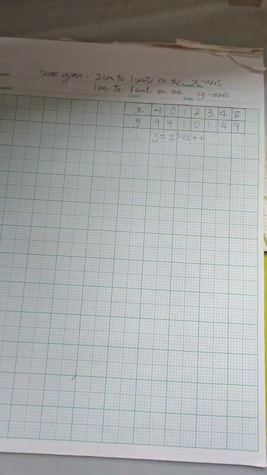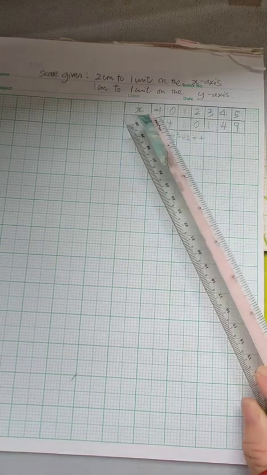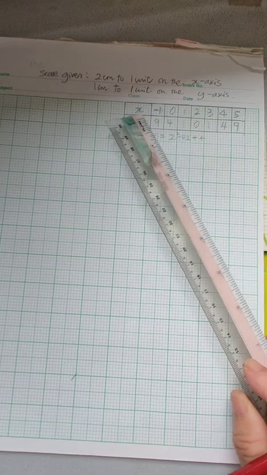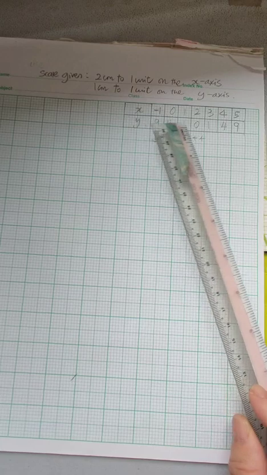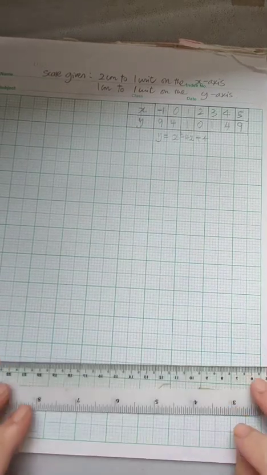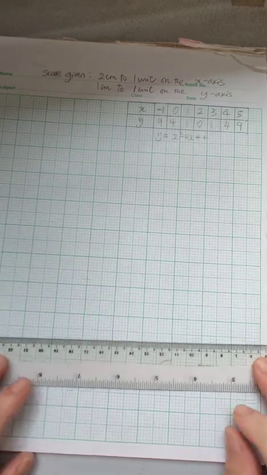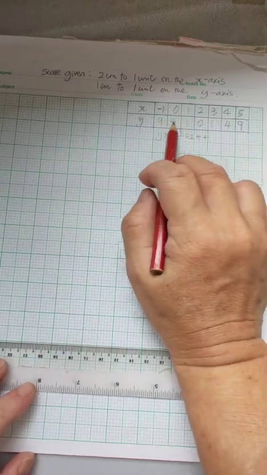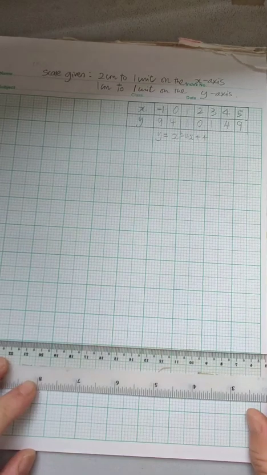Okay, so we need a long ruler, and if you look at your table, we need to draw the graph for x values from -1 to 5, and all your y coordinates are positive values. So when you place the ruler, you don't place it in the middle. Place it further down, because we don't have any negative values for the y coordinates.